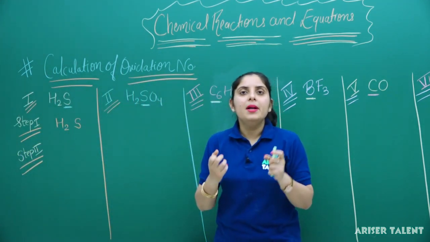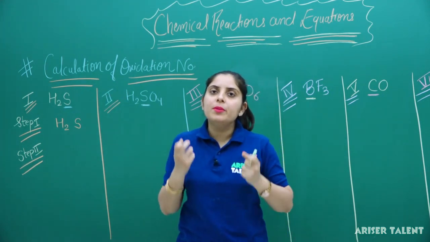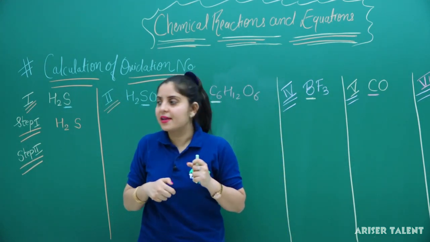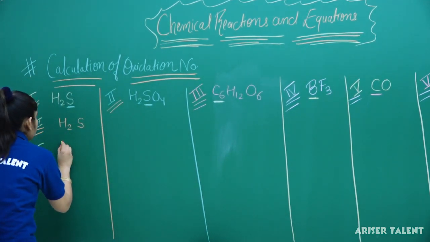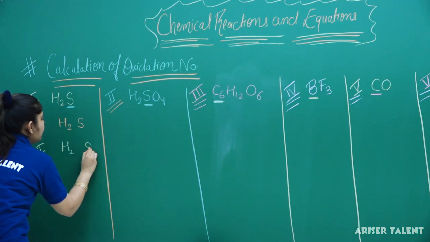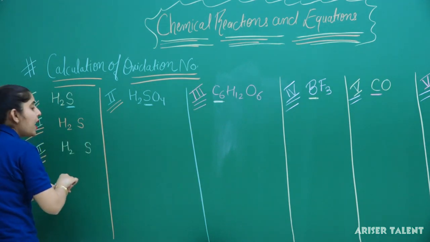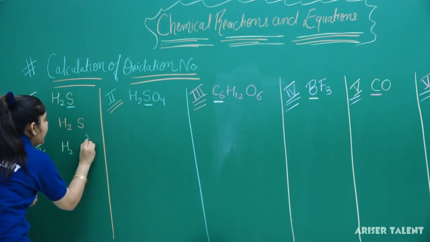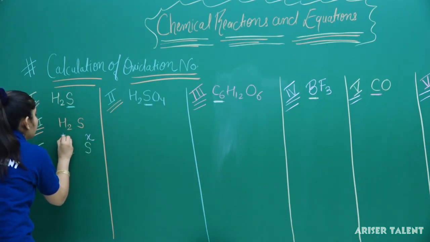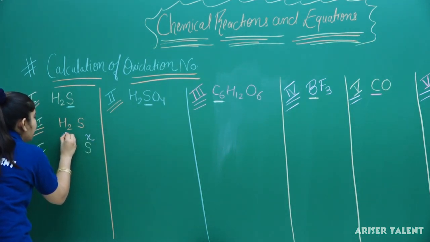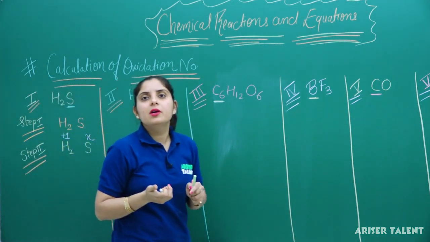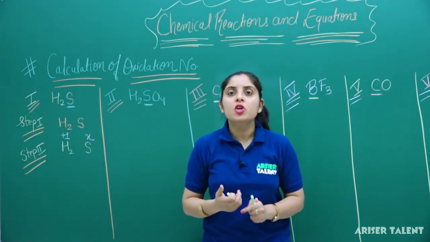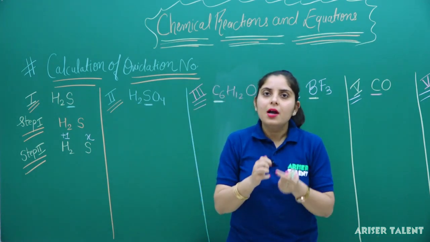But the unknown quantity which we have to find, we will consider as X. So here we have H2 and S. For sulfur I have to find the oxidation state, so I am writing X, and for hydrogen I know its oxidation state will be +1. We have to learn the oxidation states of some elements to find the oxidation states of other elements.